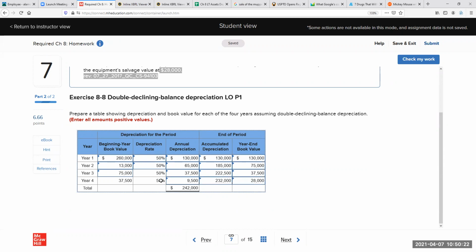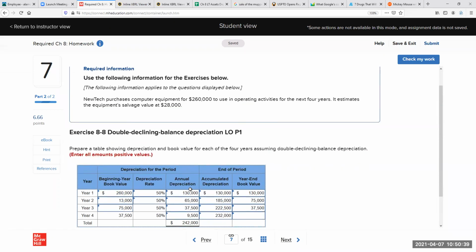But in the last year, that 50 shouldn't be there. The last year, year 4, 37 minus 28, you only get 9.5. Now, why did it add up to 242? It should only add up to 260 minus 28. It should only add up to 232.